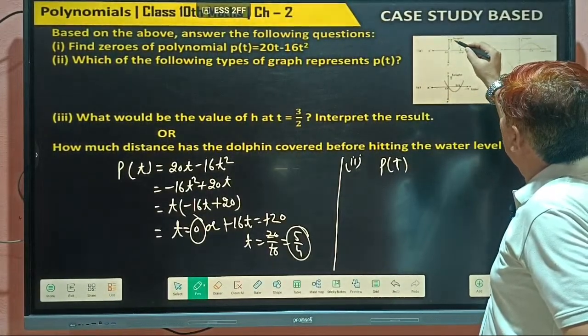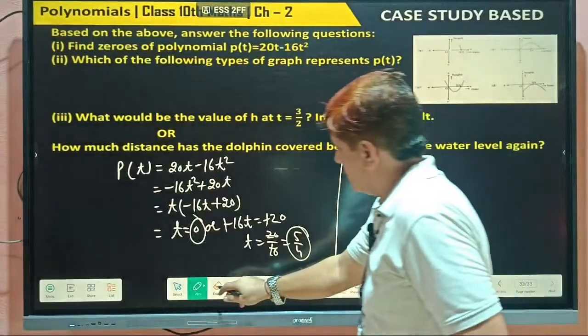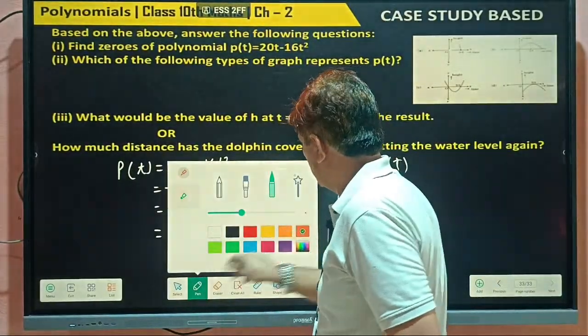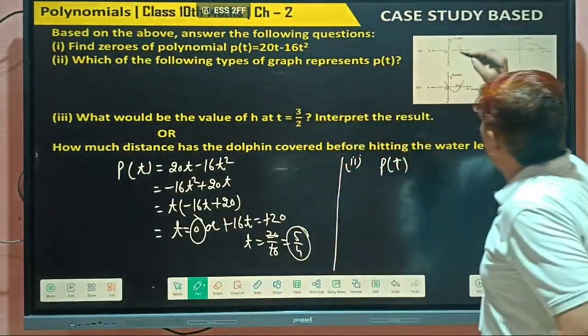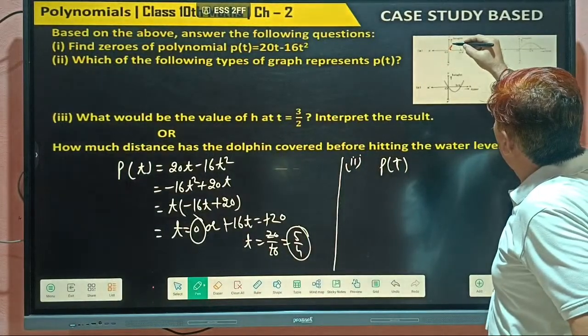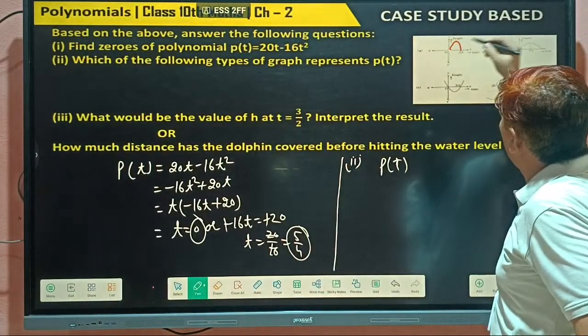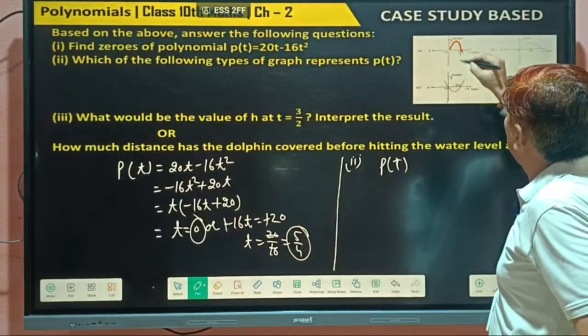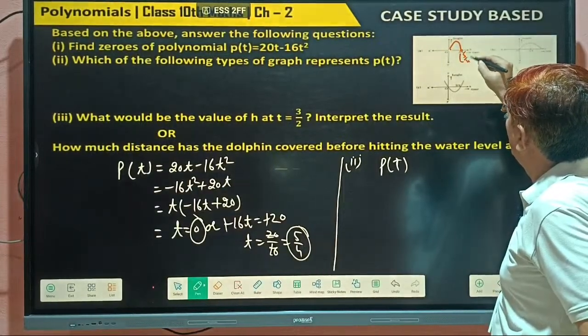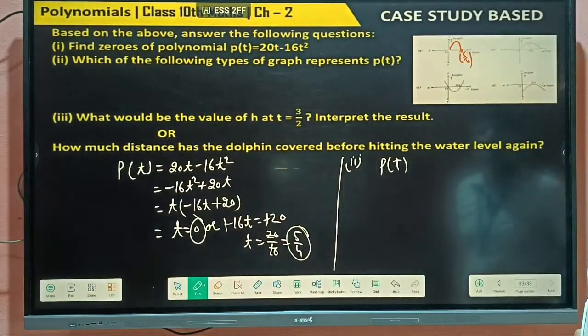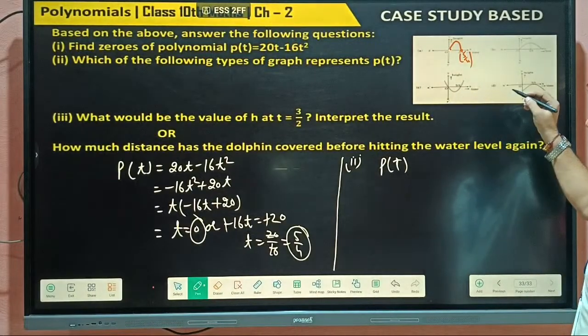After this, jumping and again coming down here. What's the value of this point? This is 5 by 4. Understood?